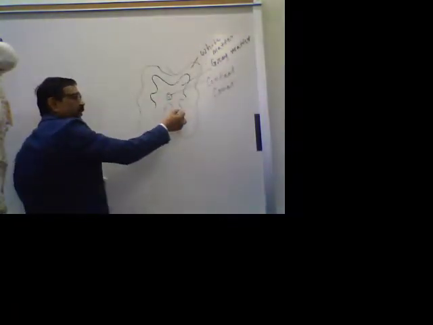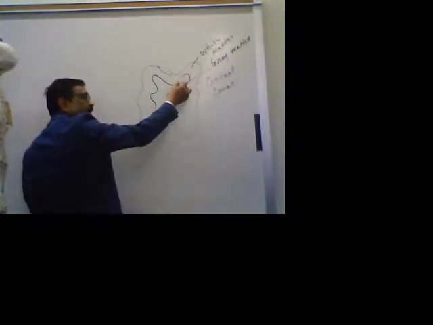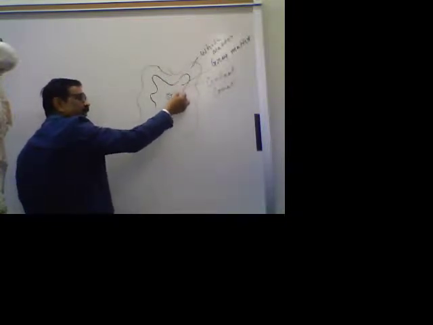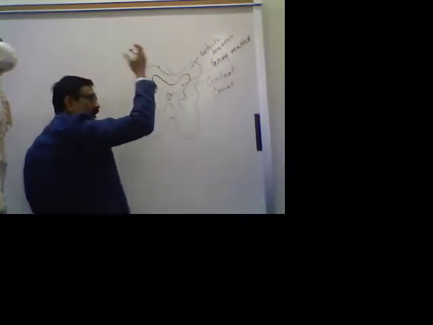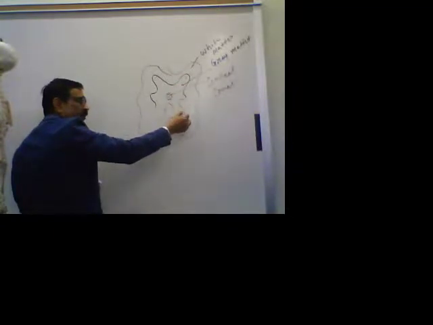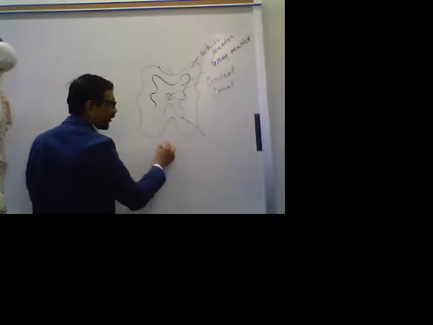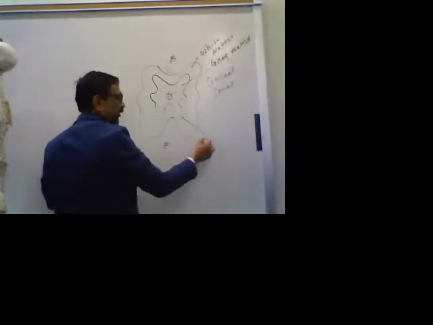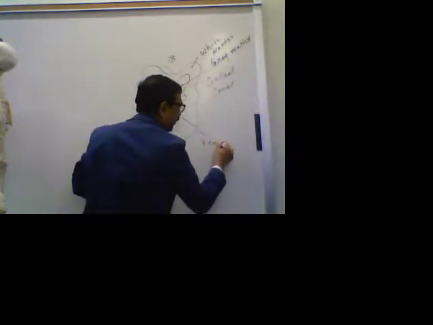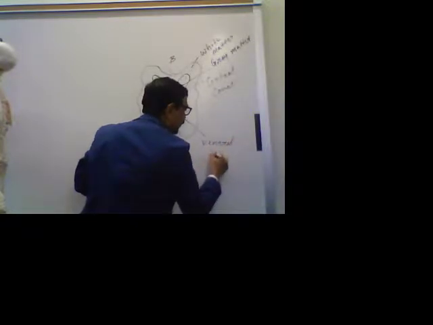On each side of the gray matter, you have three horns. You see horn-like structures. These are called horns. The ventral horn, this is the front. This is the back. So this is the ventral horn.